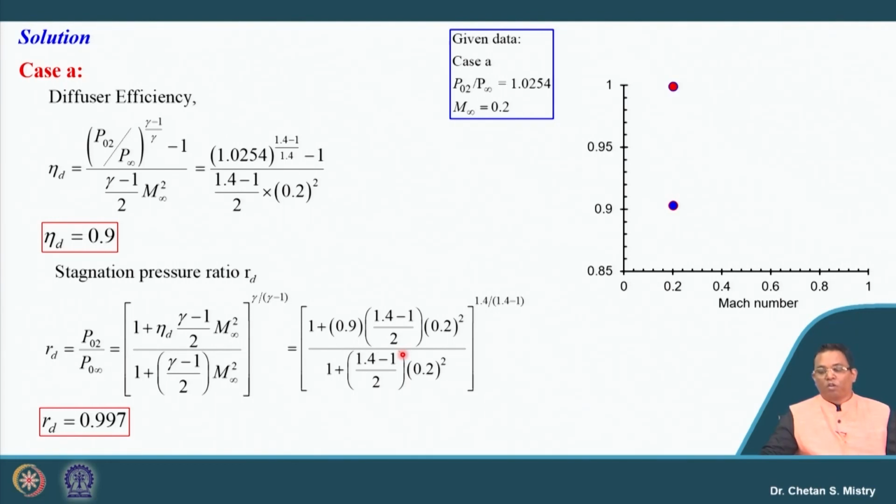Let me put that also on the chart. Here, this represents my diffuser efficiency and this represents my pressure recovery factor, or my total pressure ratio.